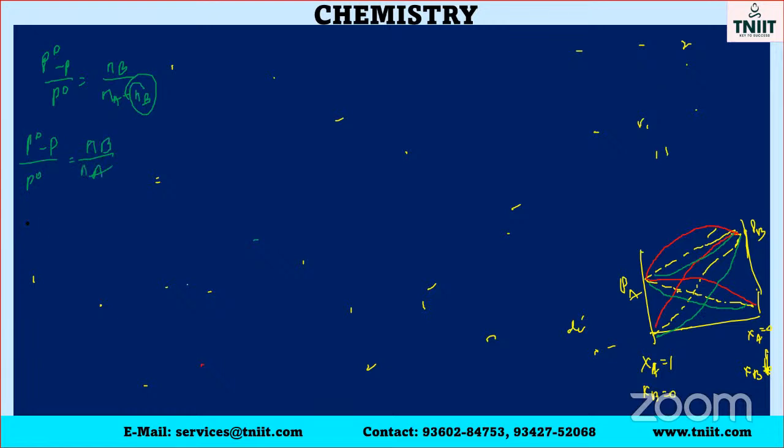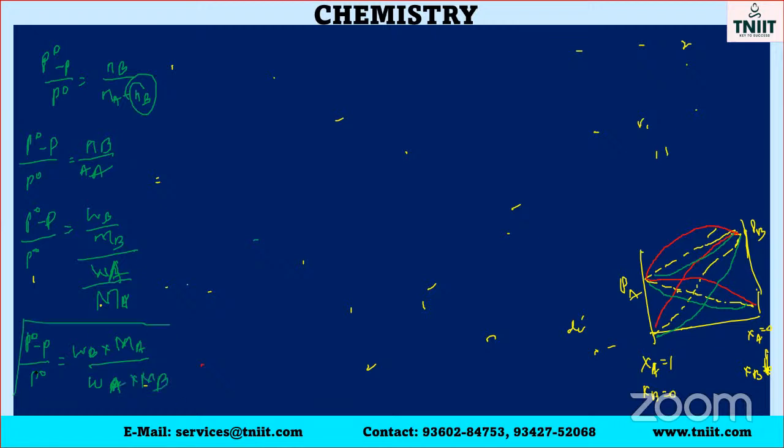And this is equal to WB by MB divided by WA by MA, weight in grams by molecular mass. So this formula reduces to P naught minus P divided by P naught is equal to WB into MA divided by WA into MB. This formula you should know.